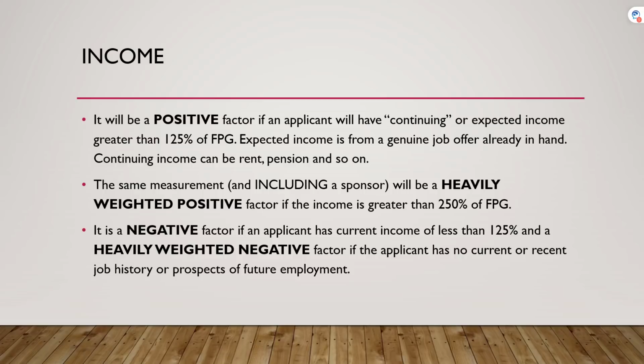So it means that if your job offer that you're going to get, or that you have already, or your sponsor is very well paid, compared to the federal poverty guidelines, which are just across all of America, this could become a very heavily weighted positive factor for you. So that's kind of important to note there.